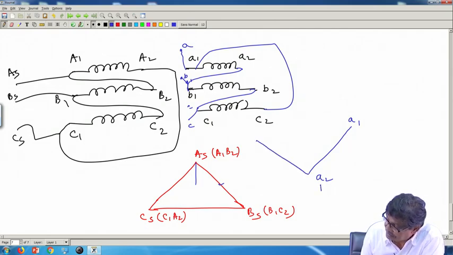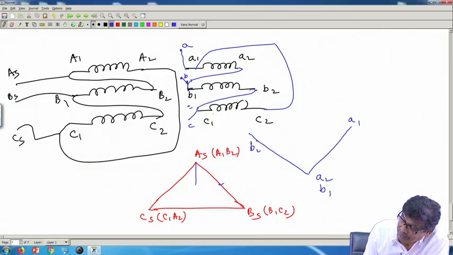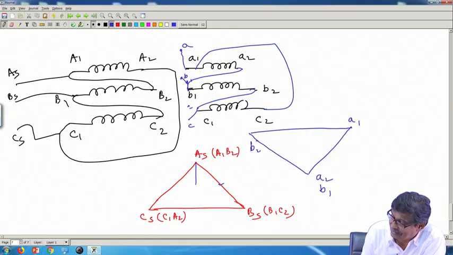So, it will be like this, B1 B2. And finally, C1 C2 like this, and C1 is connected to B2. So, it will be like this. Now, it is correct, C1 C2. Got the point?